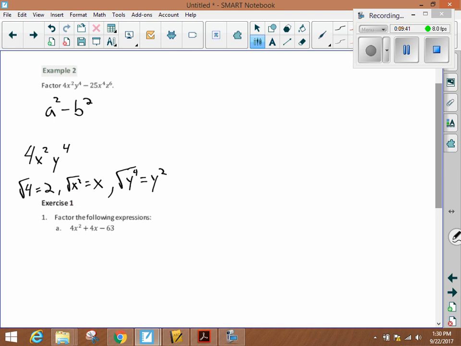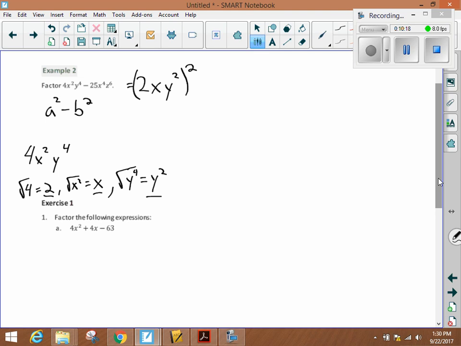So I can use all of these terms in order to find what my a is. So then I would write this as 2 times x times y squared. And we can know that this is true because if I was to raise everything up into the second power, I will write this someplace else.